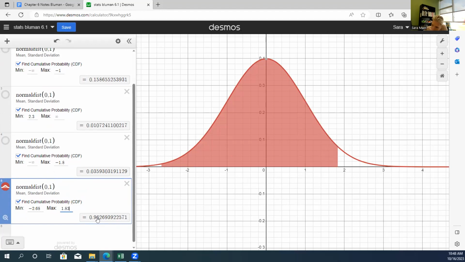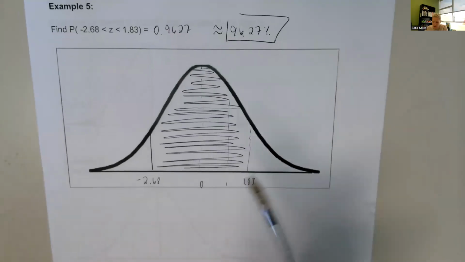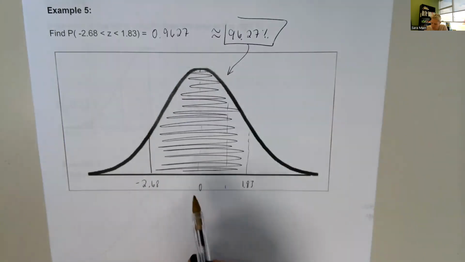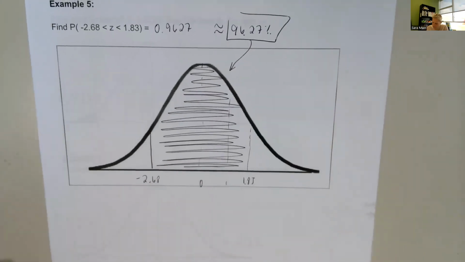And it looks like 0.9627, which is approximately 96.27% of the data. This makes it so nice and easy for us to find these probabilities. So there is the percentage of data that falls between those two standard deviations.